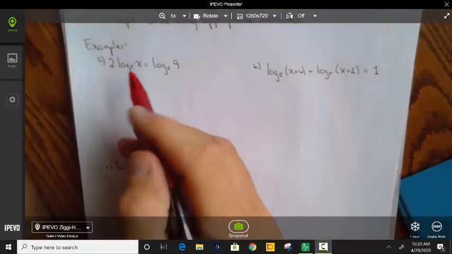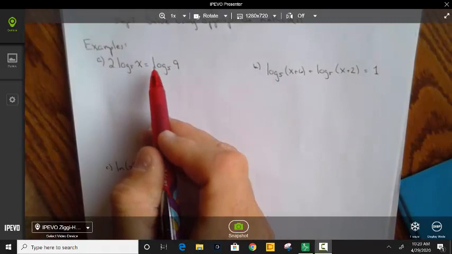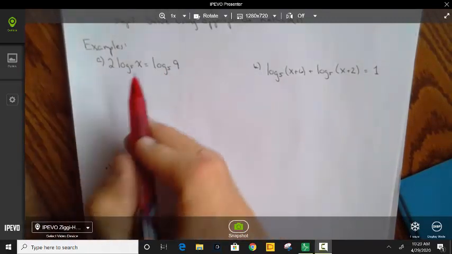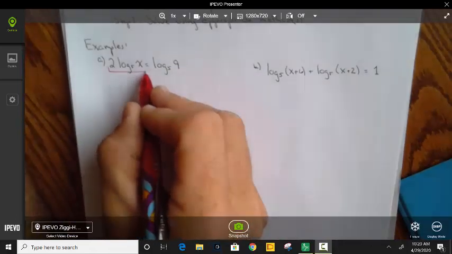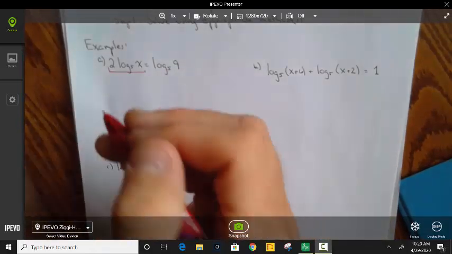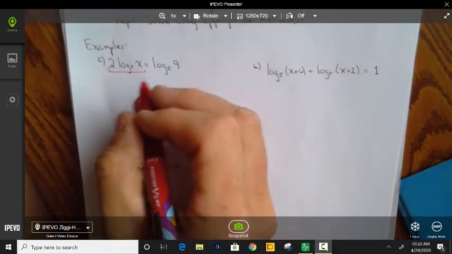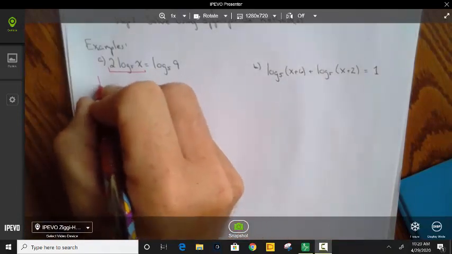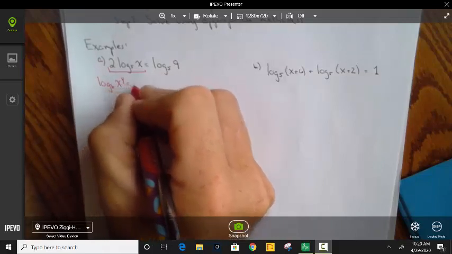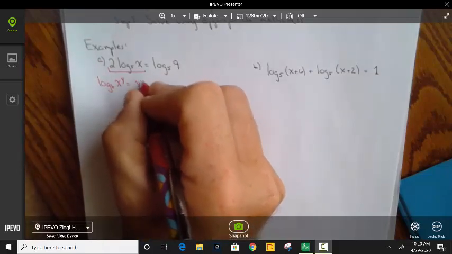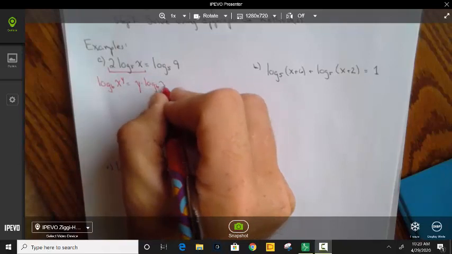This first one is 2 log base 5 of x equals log base 5 of 9. We see that we have log base 5 on both sides. However, this one is not condensed. If you remember from the logarithmic properties video, we had the property that said log base b of x to the y power is the same as y times log base b of x.